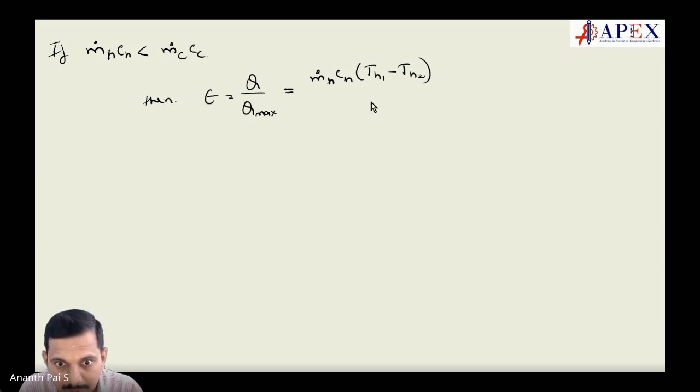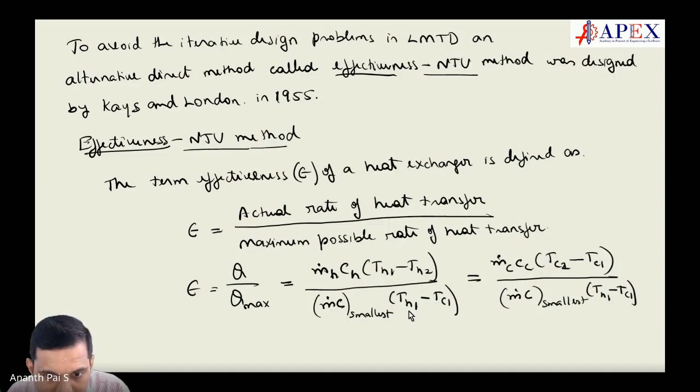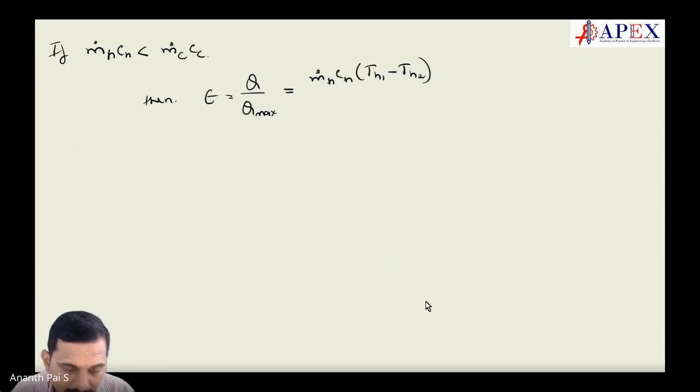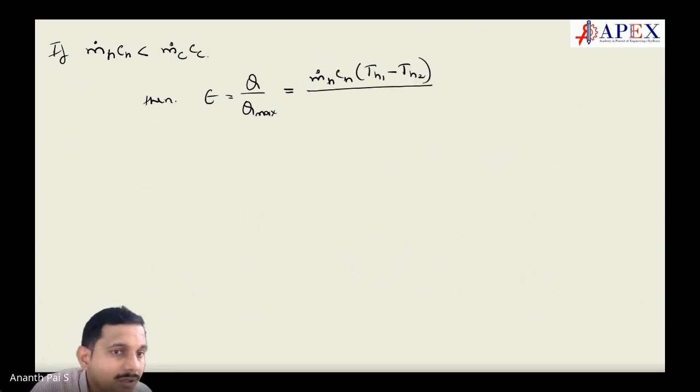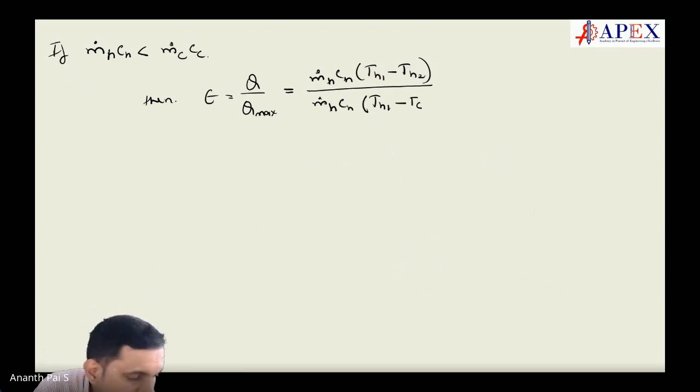divided by the maximum. Observe here, this one is TH1 minus TC1, the maximum difference. In this case the minimum is m dot H C H times (TH1 minus TC1).